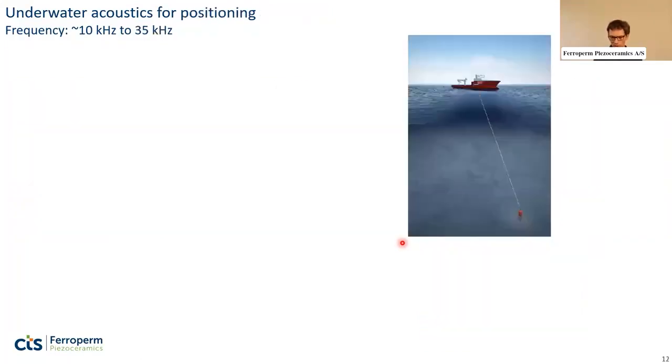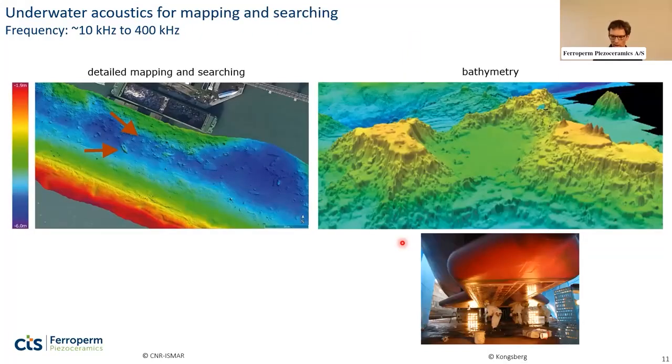So it could be like in the case of the Tonga Trench or the Philippine Trench, where it's down to 11 kilometers of depth. This can actually be mapped with this kind of transducer.